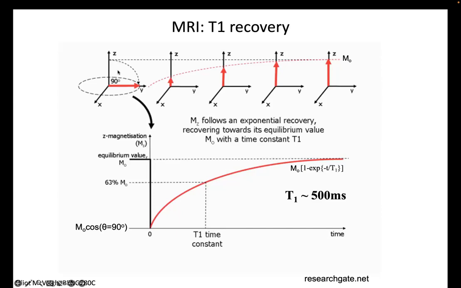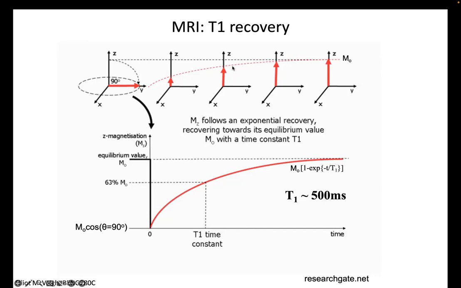If we look at what happens after we apply a radio frequency pulse that rotates the magnetization vector down into the transverse plane, we will get regrowth of the Z component of the magnetization over time. Basically, we've taken it from its steady state value down to 0, and then it's going to grow back to its steady state value at a characteristic rate, right?